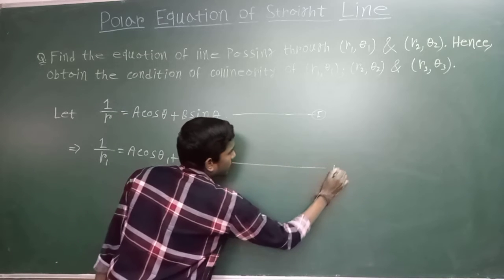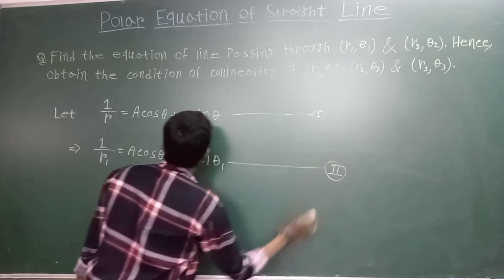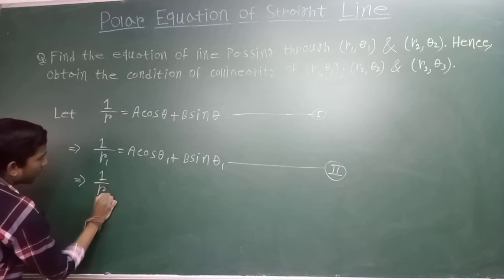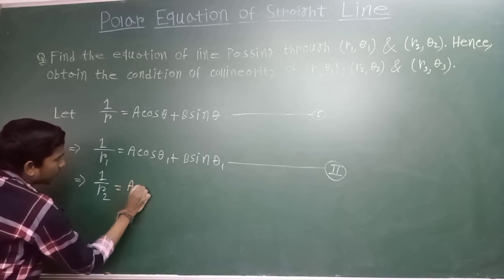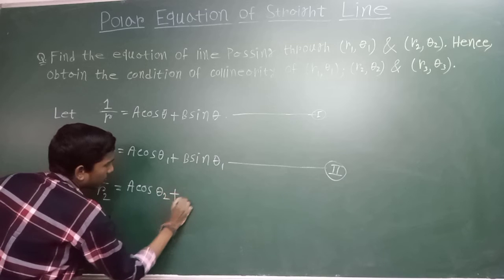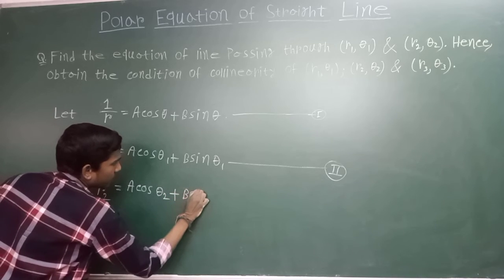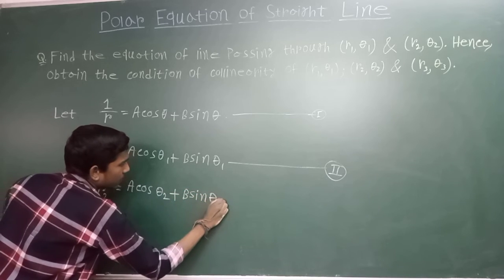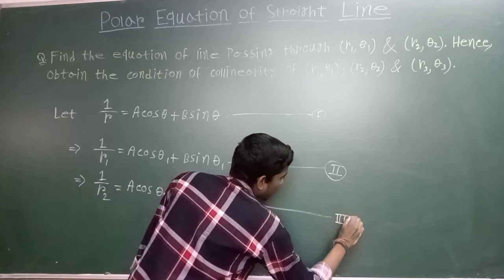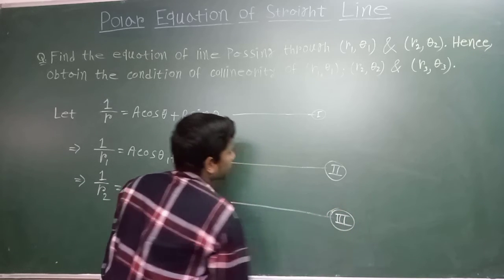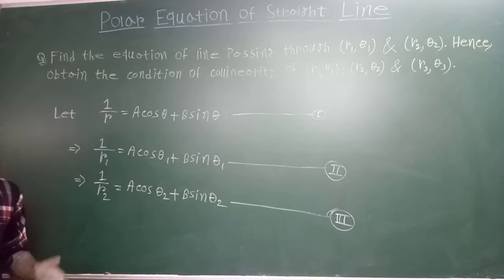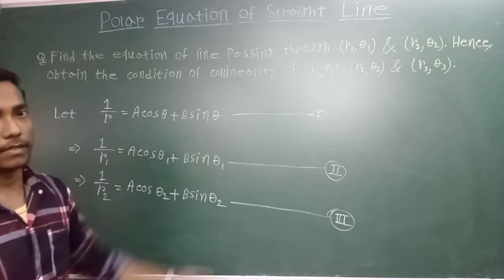This is our equation number 2, and 1 by r2 is equal to a cos theta 2 plus b sin theta 2. This is our equation number 3. Now if we solve these three equations, we will get the required equation of the line.